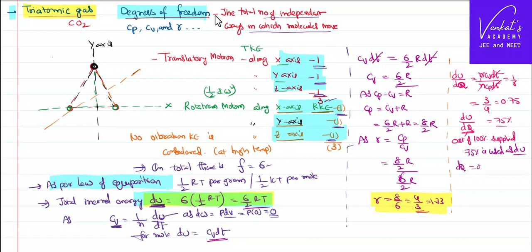We know the first law of thermodynamics, dQ equals dU plus dW. You supply 100%, out of which a major chunk of 75% goes to internal energy. So how much external work is it able to do? 100% minus 75%, that's only 25%. So a lot of the energy supplied in the case of a triatomic gas molecule is used for internal energy, and only a small amount of that heat is able to do external work.